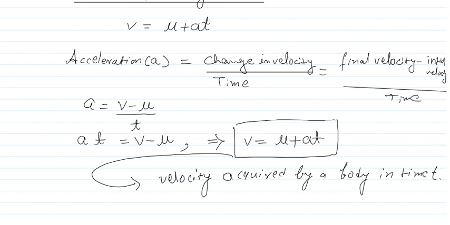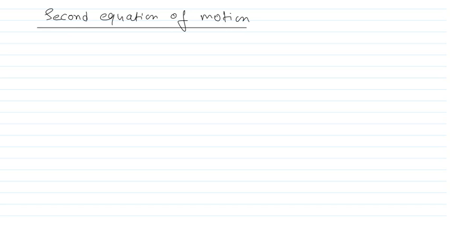Now we're gonna prove the second equation of motion. So second equation of motion is displacement, that is s is ut plus half at square.